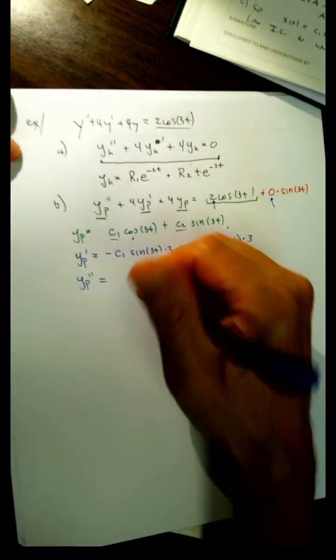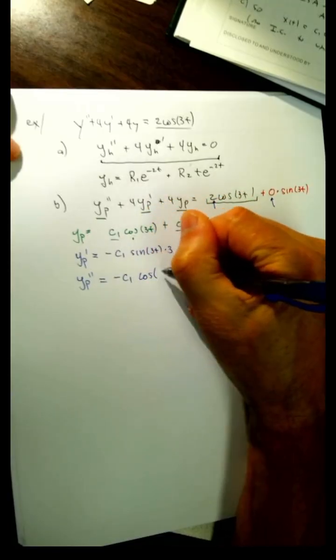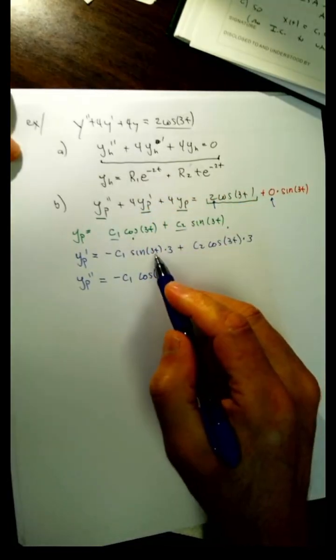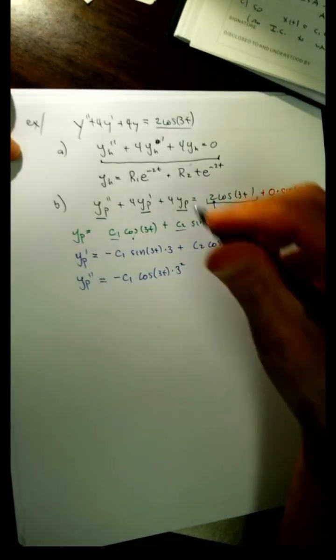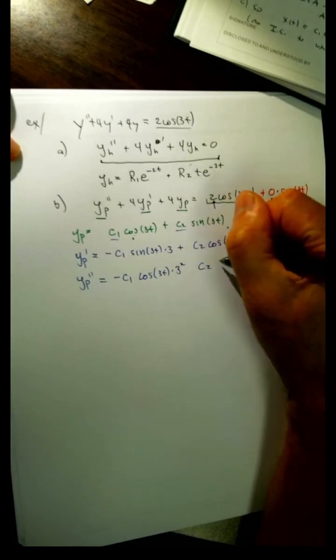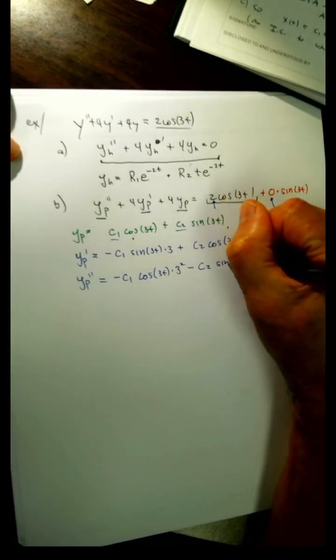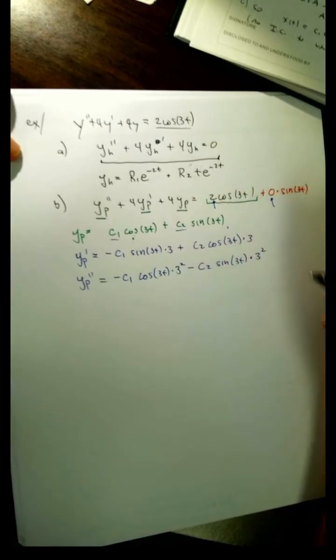Derivative of sine, so I'm going to have c1, minus c1. Derivative of sine is cosine, but the derivative of 3t is 3, so I'm going to have a 3 times 3. Derivative of cosine is minus sine, but the derivative of 3t is 3, so I'm going to have that.